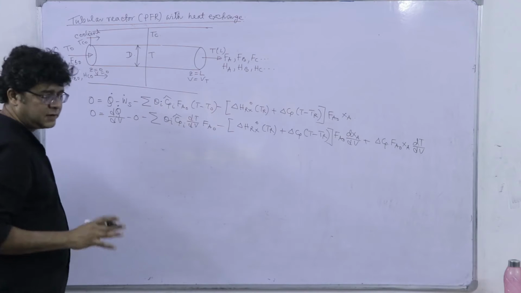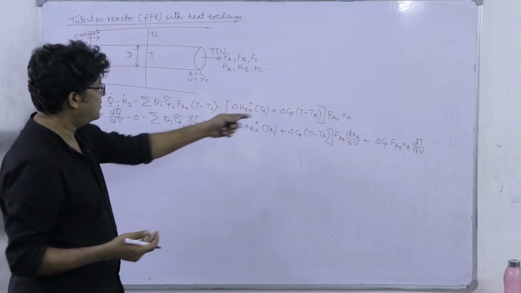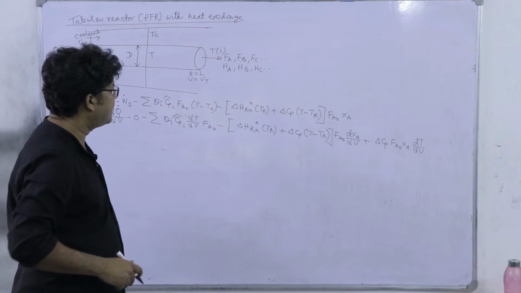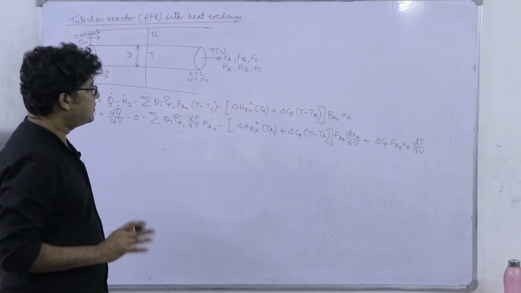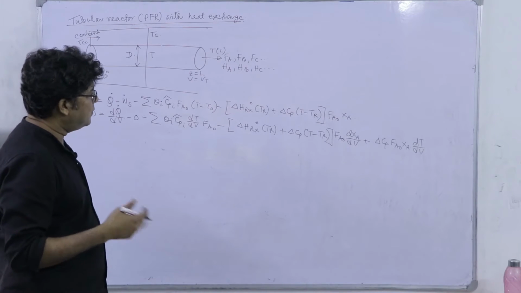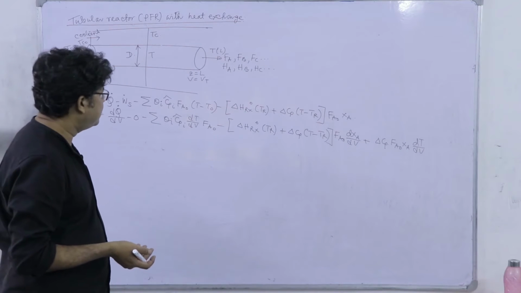So, that is the equation. In the handout we have used a different formalism, but this is much better. You see this cannot be analytically solved, but we have to formulate the equation.